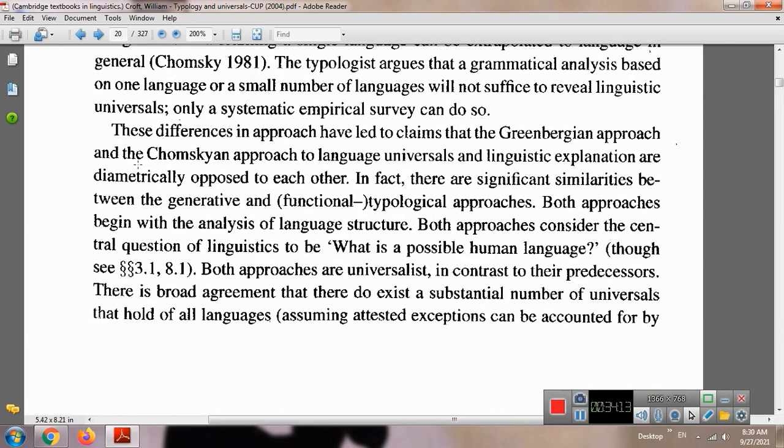These differences in approach have led to the claim that the Greenbergian approach and the Chomskyan approach to language universals and linguistic explanation are diametrically opposed to each other.